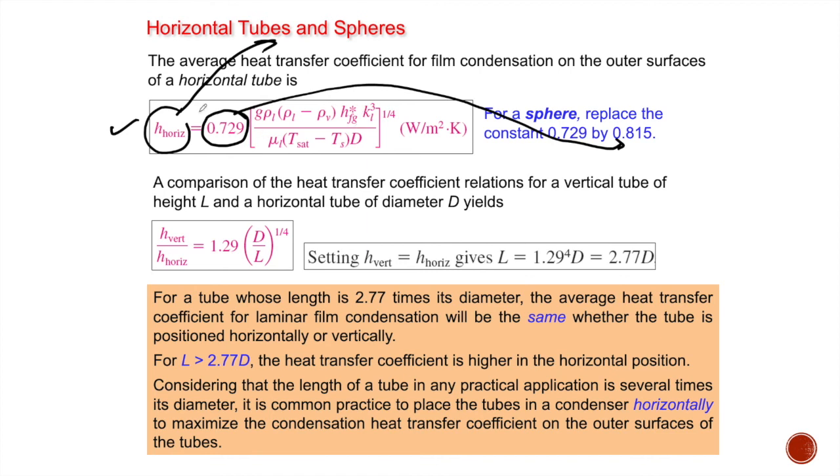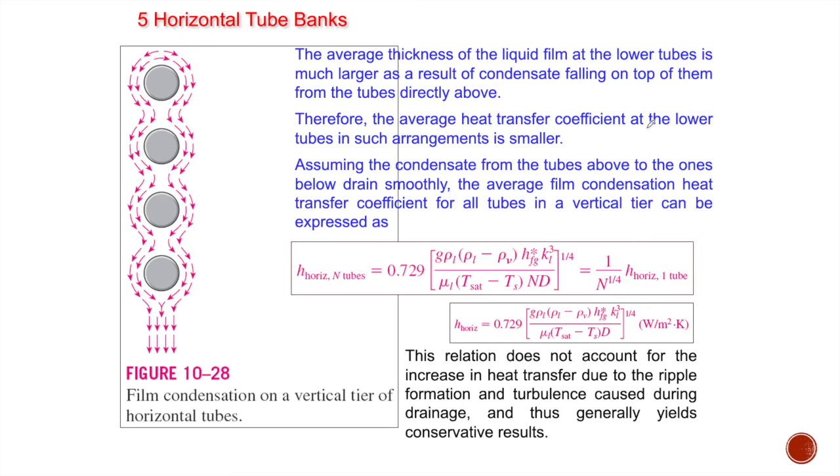Then you will directly get H horizontal for the horizontal tubes, and H sphere for the sphere. This equation is for horizontal tubes. If you want to find H sphere, you have to change 0.729 to 0.815. So that is for horizontal tubes and sphere.